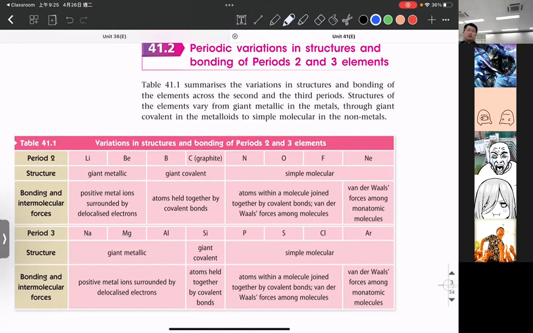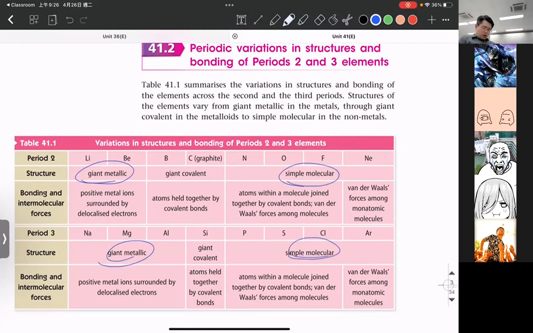You may find the general pattern from period 2 to period 3. That type of pattern is also repetitive, right? Giant metallic structure on the left hand side, while simple molecular structure on the right hand side.